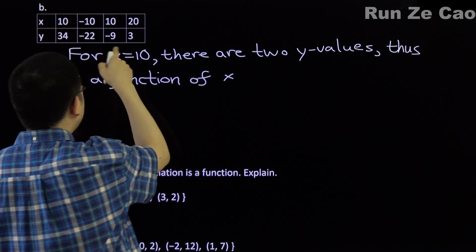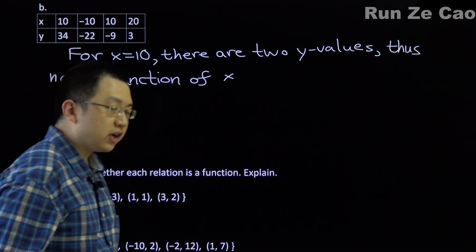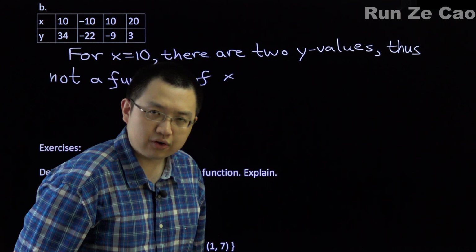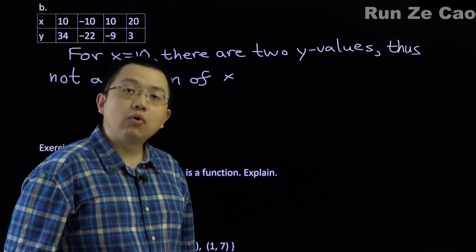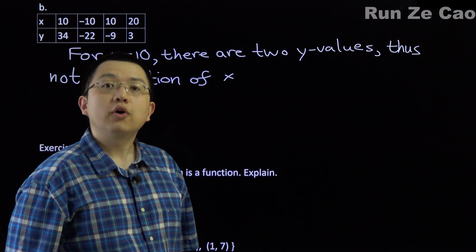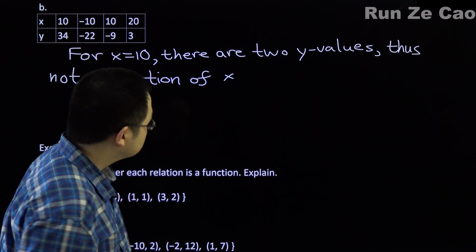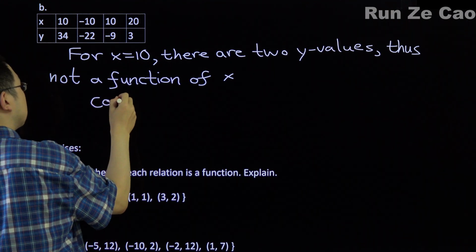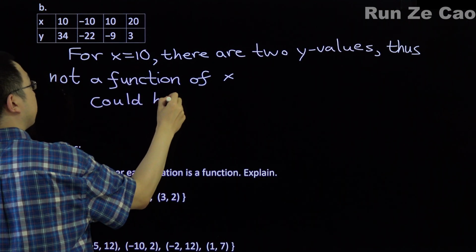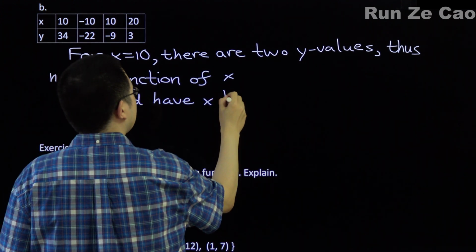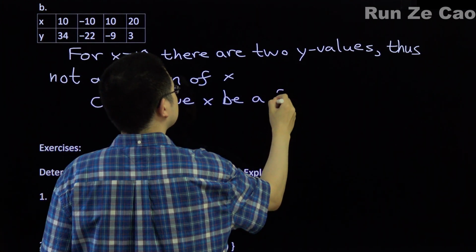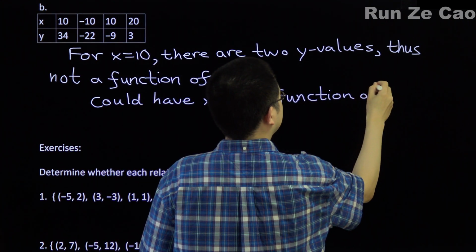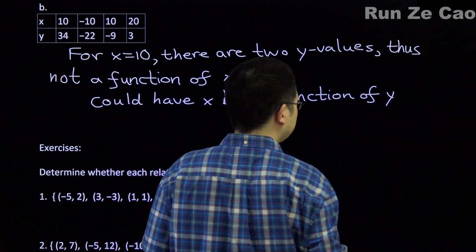If you look at the y values for your 4 different points, you have 4 different y values. None of the y values corresponds to more than one x value. So it's not a function of x, but could have x be a function of y though.